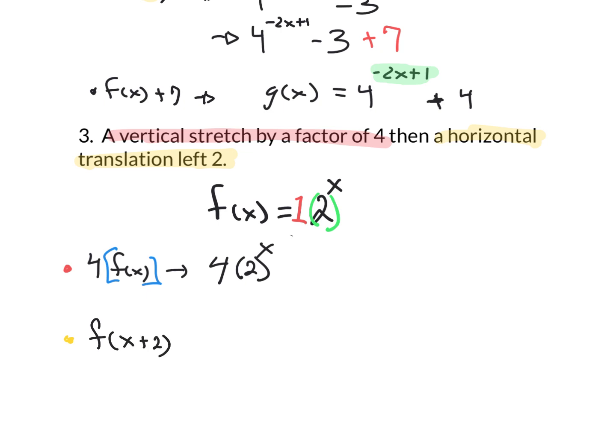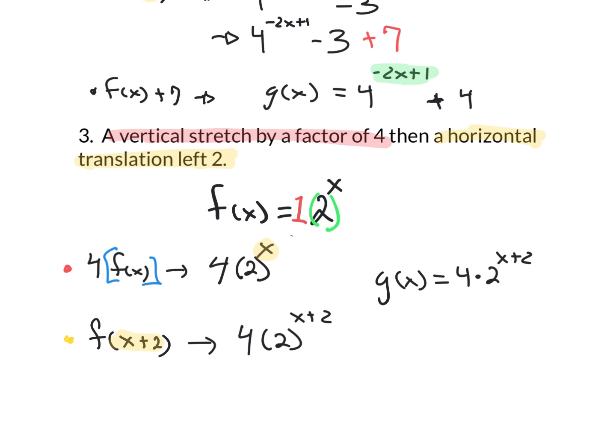And that means wherever you see the x, x plus 2 is going to take the place of the x. So that gives you 4 times 2 to the x plus 2. And that's your final answer. So g of x equals 4 times 2 to the x plus 2. If you want, you could put a dot there or a parentheses, either way.